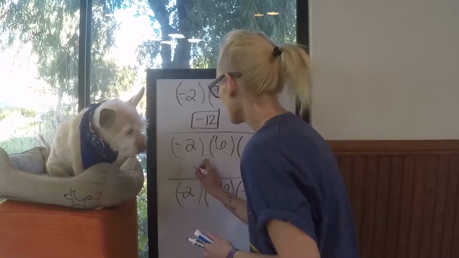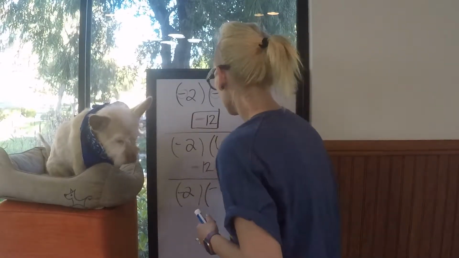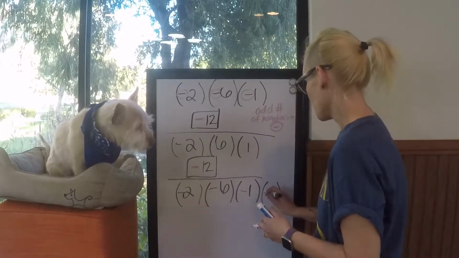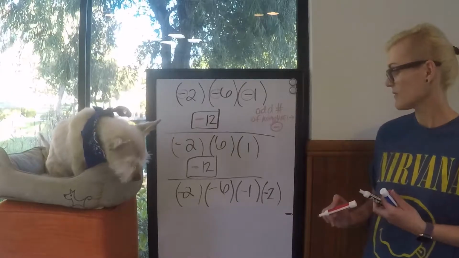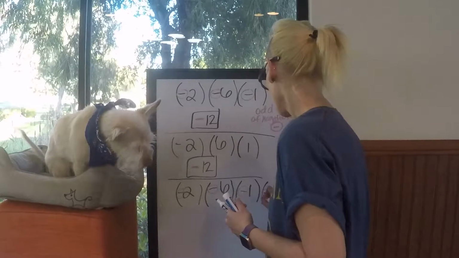So I'm going to figure out my sign first, and then do the math. 2 times 6 is 12. And then the last one, let's put one more negative, just to make it different. Alright, so I have 1, 2, 3, 4.